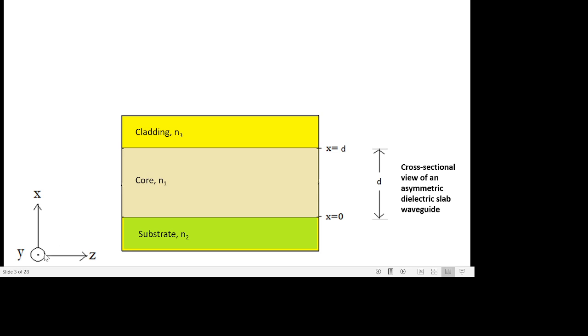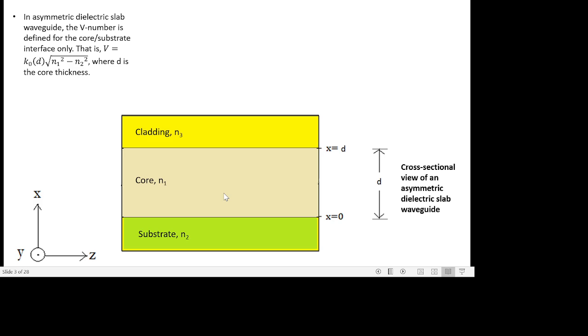And as before, we are going to use the z direction as the direction of propagation. The vertical direction is going to be the direction of x. Another invisible direction is the y direction. The y direction is the direction into or out of the screen.